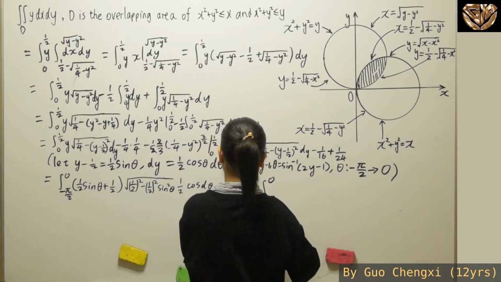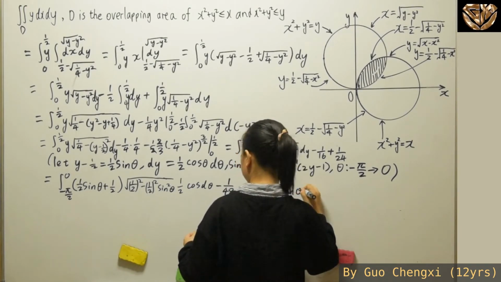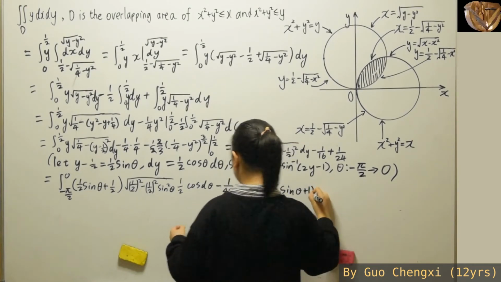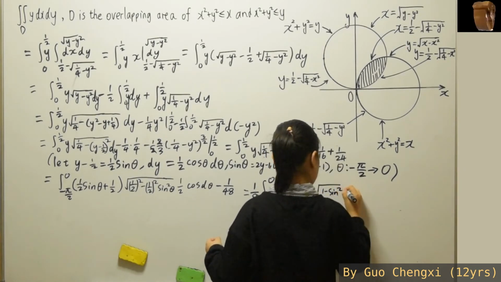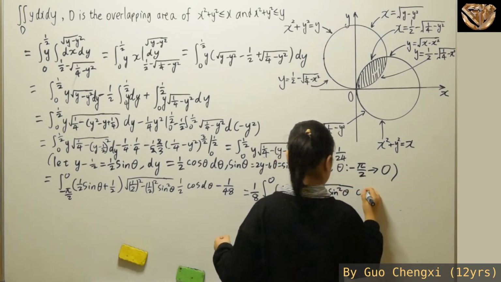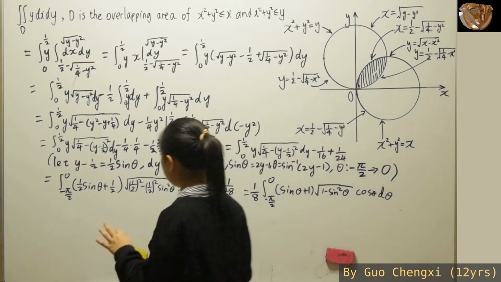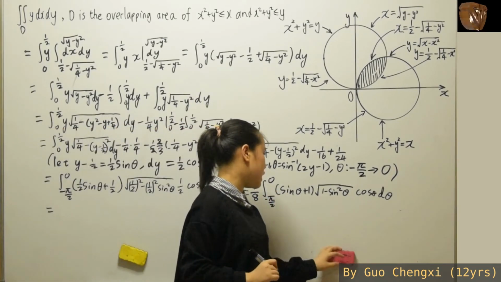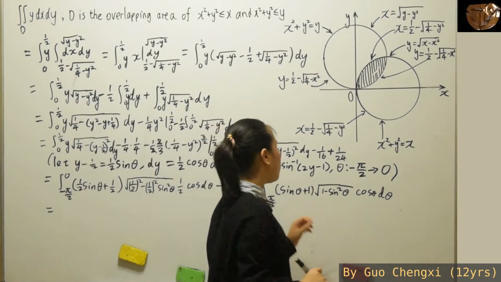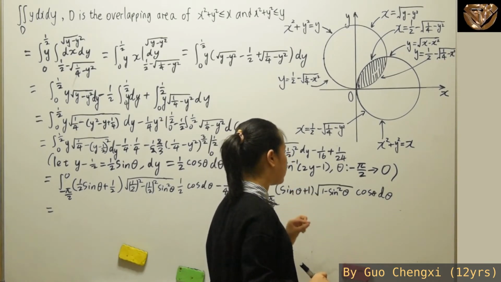Okay, so now that we have gotten this part, what we're going to get over here is sine theta plus 1, square root 1 minus sine square theta, and cosine theta d theta. So for this part, you can separate it into two terms, while for this part you are going to use sine square theta plus cosine square theta equals 1.